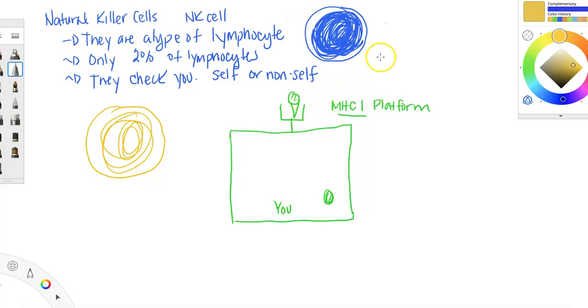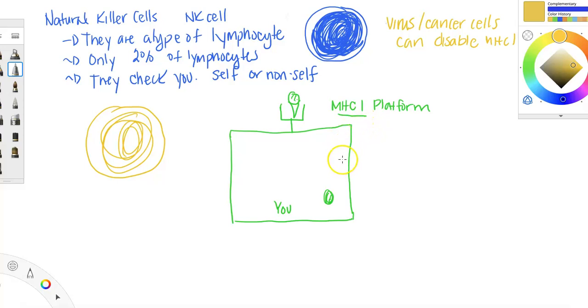Okay? Because things like viruses and cancer cells have the ability to disable MHC1. Okay, so it's looking for, do you have this? And what do you place in there? What do you post in there? And if you don't have it at all, that's not good either.